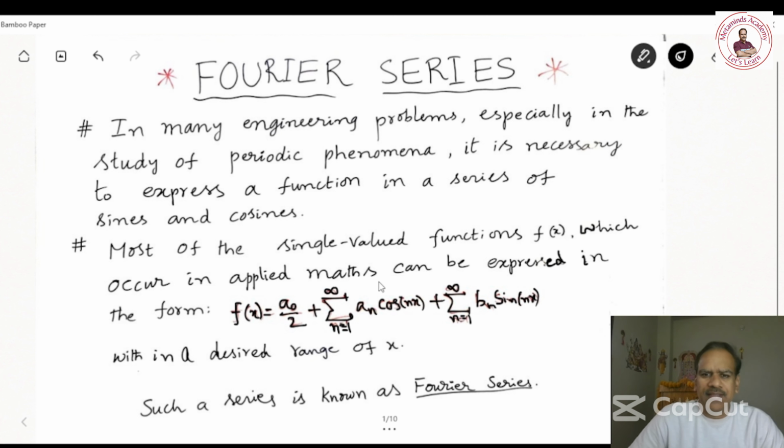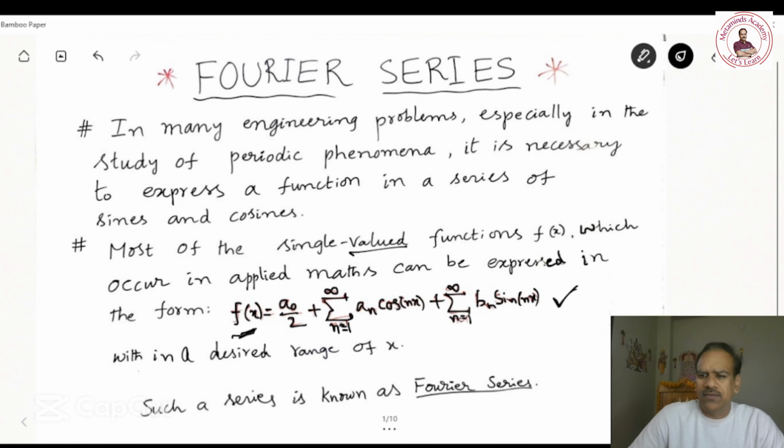Single valued functions in applied mathematics can be expressed in the form a naught by 2 plus summation n equal to 1 to infinity an cos nx plus summation n equal to 1 to infinity bn sin nx. This is called the Fourier series expansion of the function f of x.